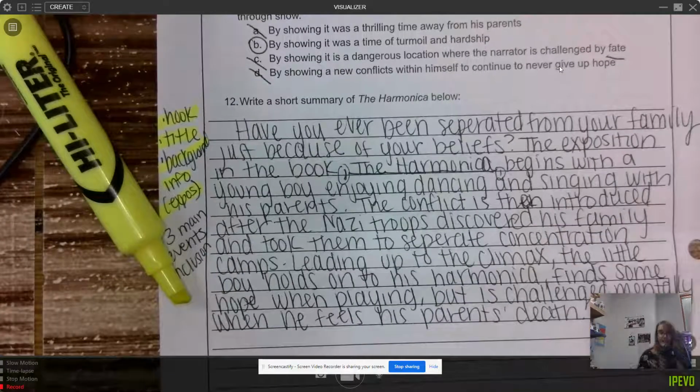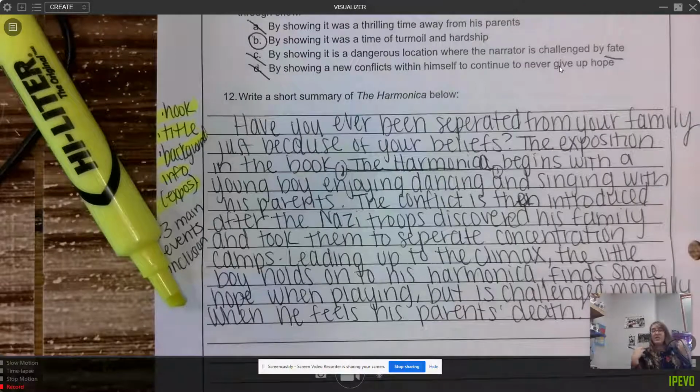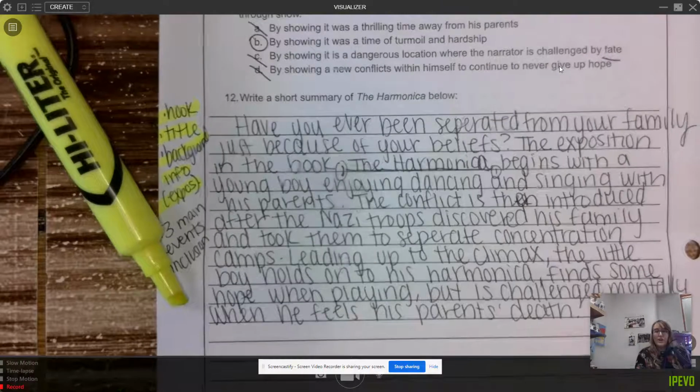I would say feels his parents' death. He actually doesn't like feel it touching wise, but he just knows deep in his heart that it happens, right? So that would be the rising action.